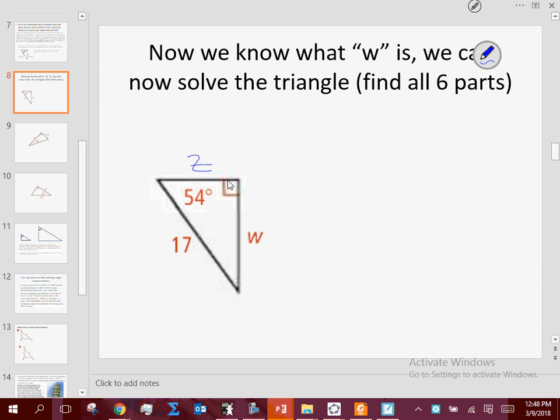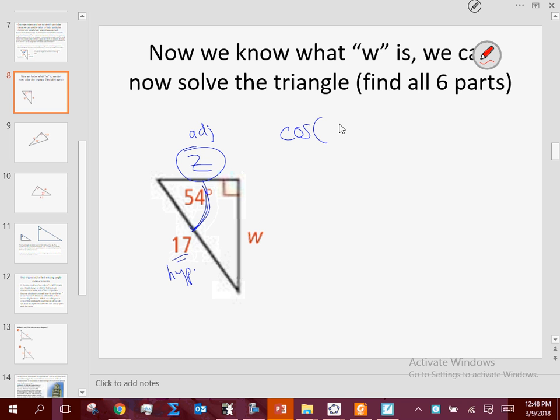So to find Z, I'm going to use the 54 again and the 17, because neither of those were rounded. This would be the adjacent side, and this would be the hypotenuse. Adjacent side and hypotenuse, what trig ratio do you use there? Cosine.